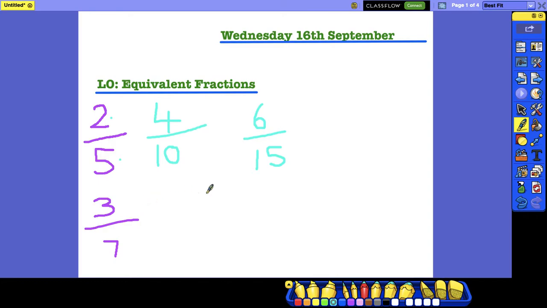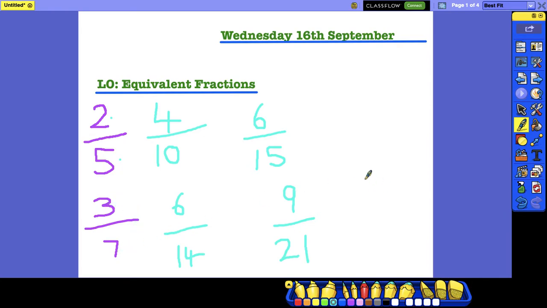Okay, hopefully some of you would have said 6 over 14, as you've times the top by 2 and the bottom by 2, the numerator by 2 and the denominator by 2. Also, some of you may have said 9 over 21, because that is timesing the top by 3, the numerator by 3, and the bottom by 3.